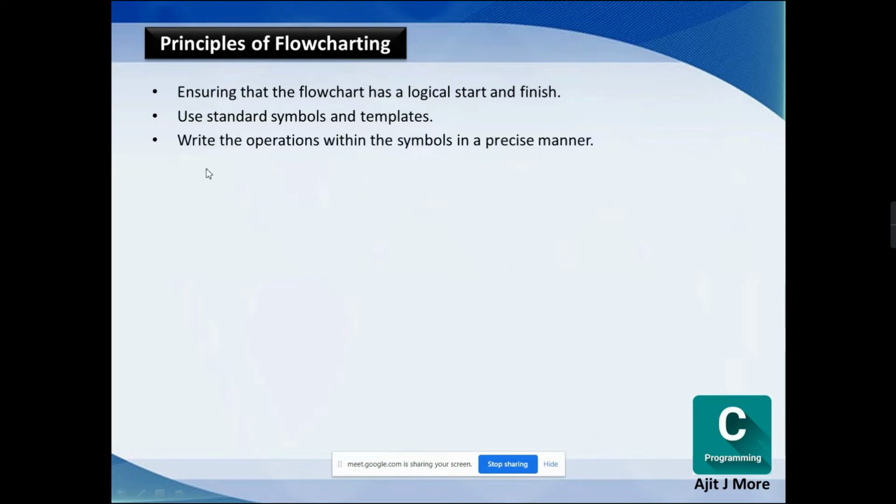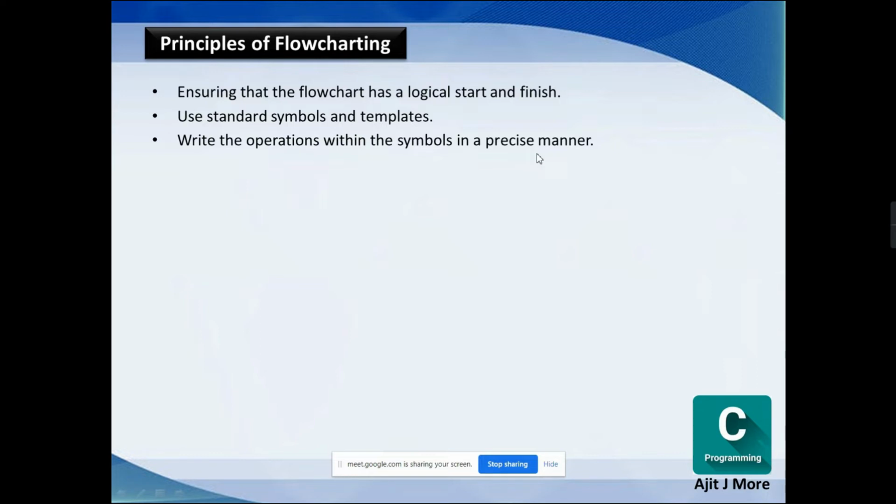First thing. Then within that symbol, some description you have to write. So don't unnecessarily write too much in it. Write the operation within the symbol in a precise manner. Which is difficult in the case of an algorithm, because there we write it using simple English. So someone can write just A equal to B plus C, right?